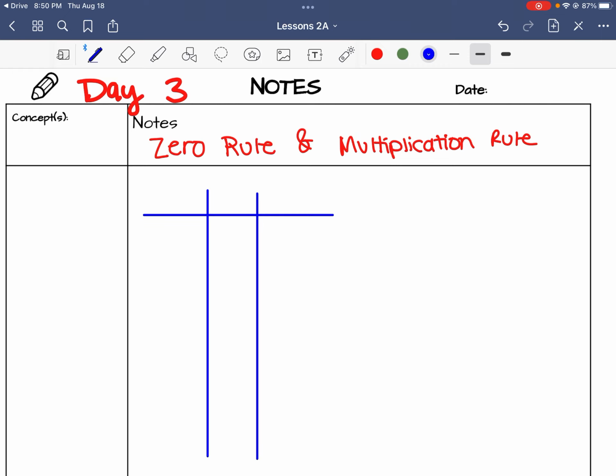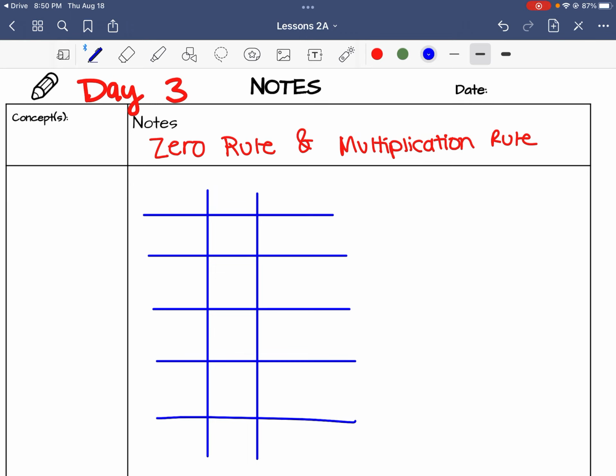And let's add in about 4 rows. Let's make it 5. Now my iPad is a little special because it can actually create straight lines for me.